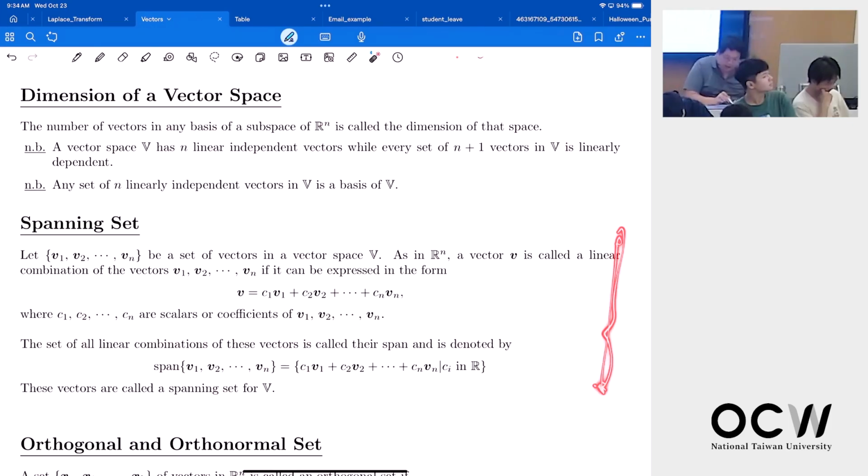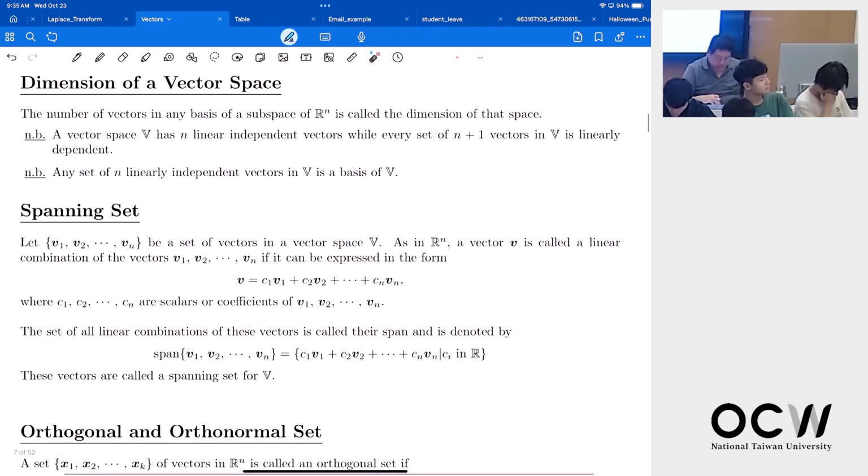Just remember that if I have a set V1 to Vn and another vector V is a linear combination of V1 to Vn, then we say that V1 to Vn span the vector space.